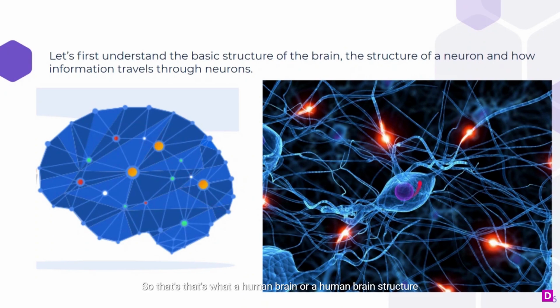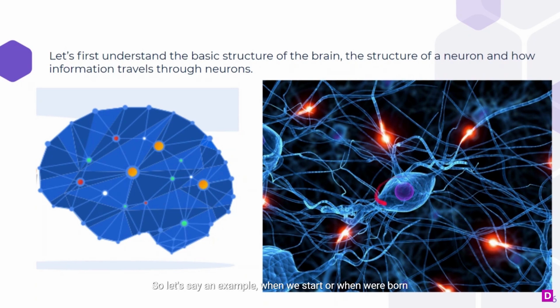That's what the human brain structure looks like. This structure is basically the functional unit. How the brain works, or what activities it performs in order to memorize or learn things, it uses neurons as basic functional elements.